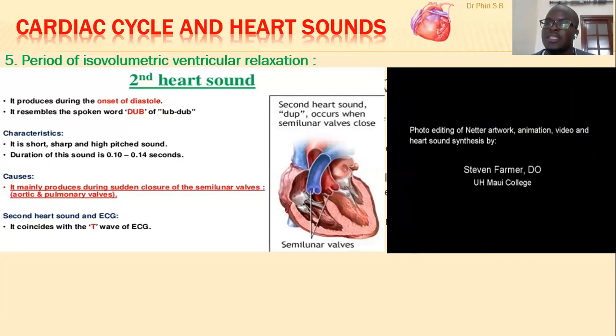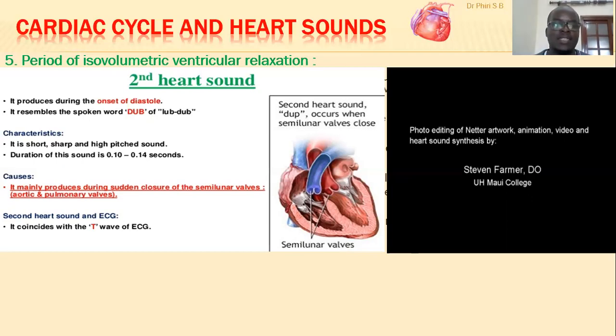So after repolarization of the ventricles, you have relaxation of the ventricles. The first part of relaxation is the isovolumetric relaxation. So this isovolumetric relaxation will bring about closure of the semilunar valves, the second heart sound.